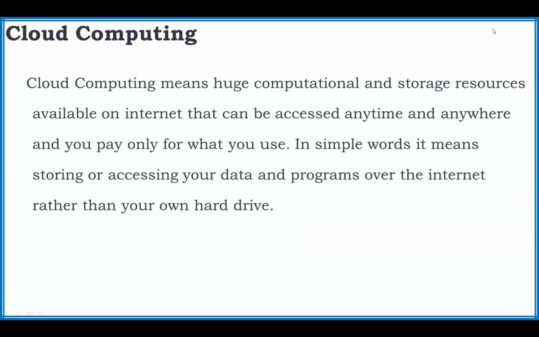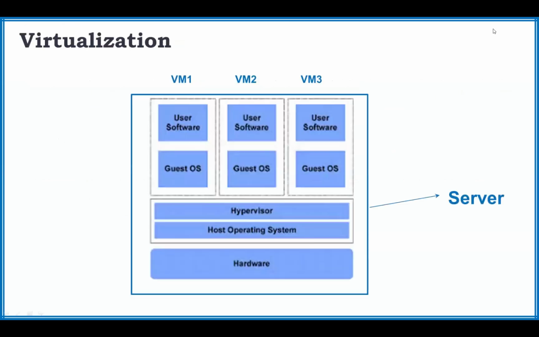In simple words, it means storing or accessing your data and programs over the internet rather than on your hard drive. Cloud computing is possible because of techniques called virtualization or containerization.